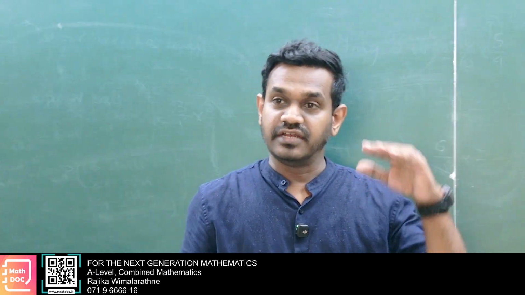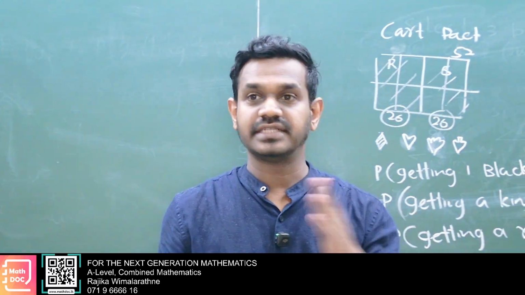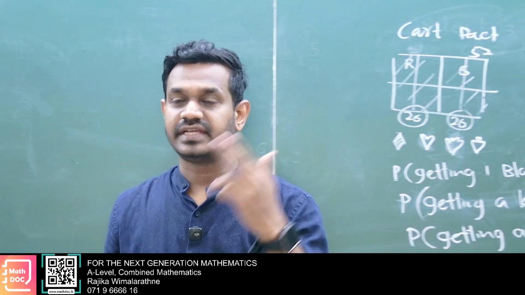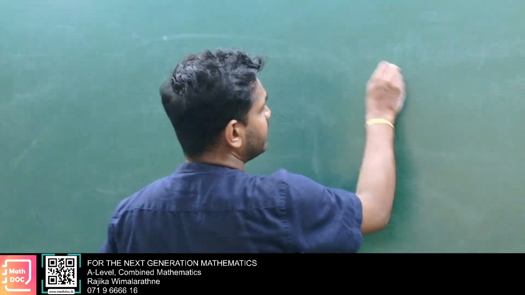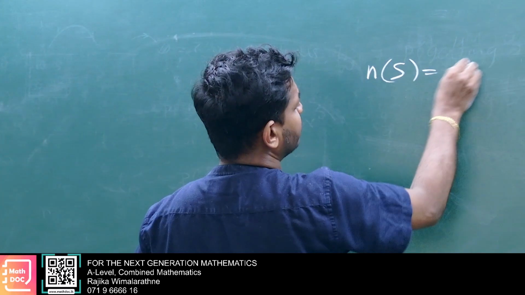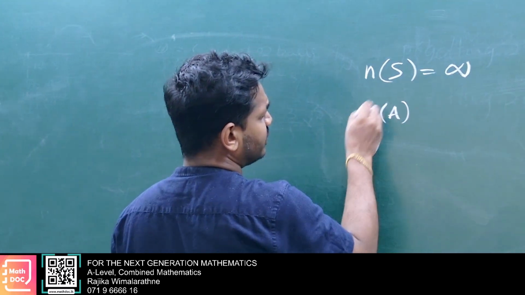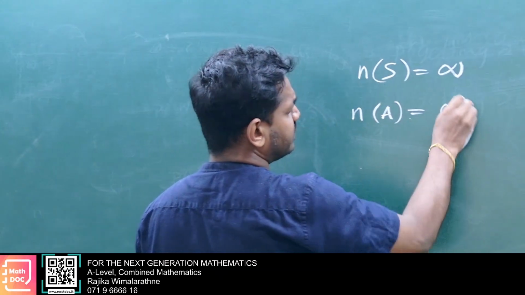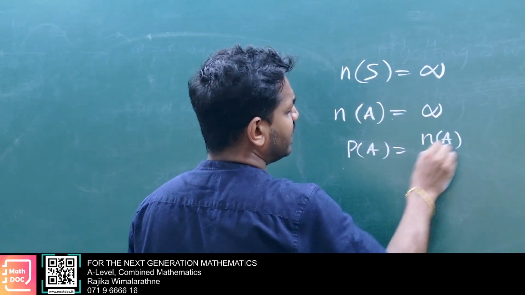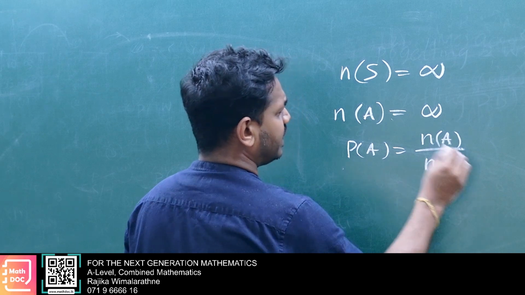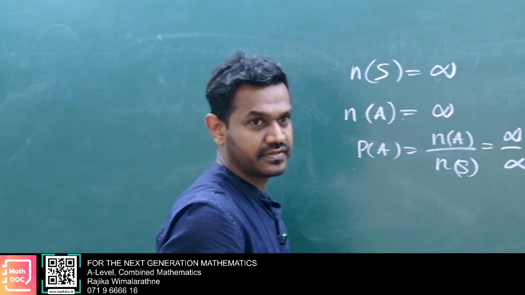Then again, for infinite sample spaces, the classical definition is impossible. Sometimes we get infinity divided by infinity. Consider a sample space where N is infinite, and the event is also infinite. Then P(A) is n(A) divided by n(S), infinity over infinity, which is undefined, no?